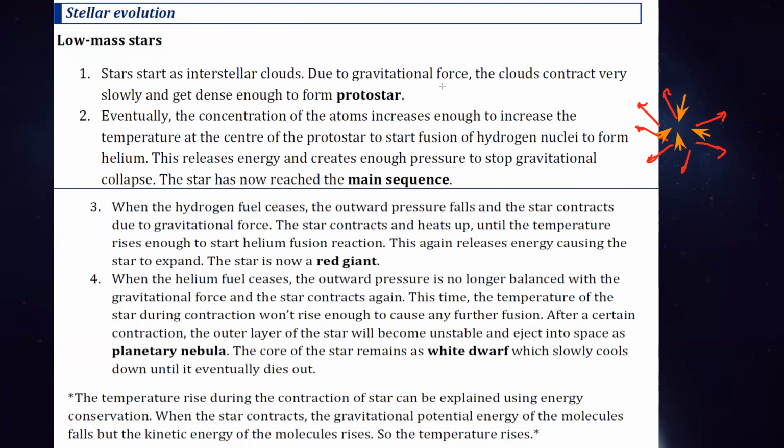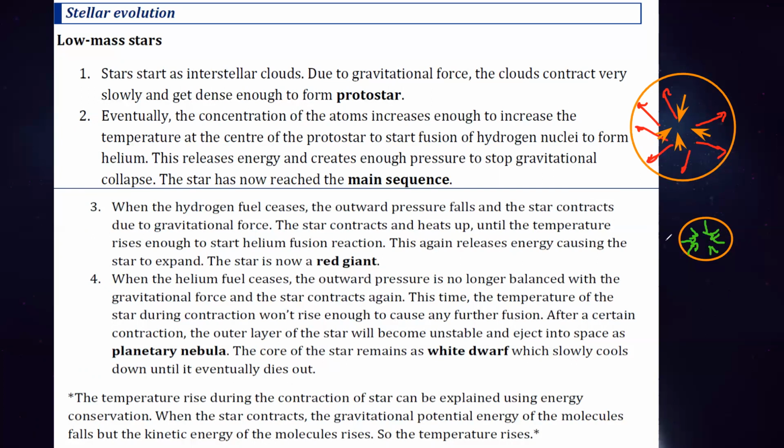The size of the star starts to decrease. As the size decreases, the particles come closer to each other and the star heats up. As a result, it will start fusion of heavier nuclei such as helium.